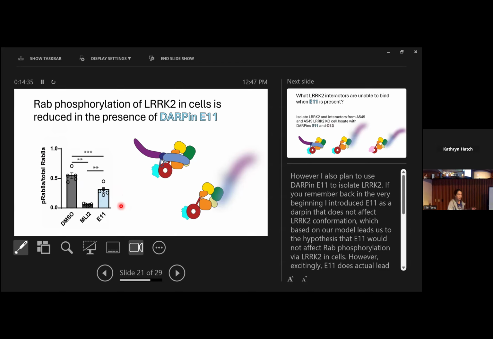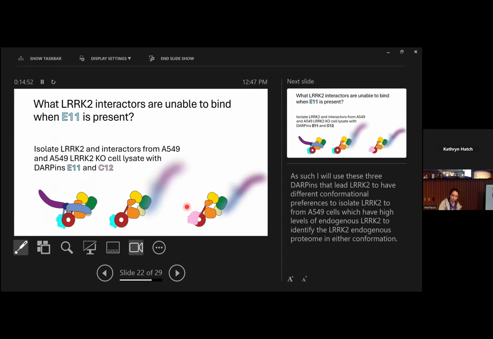So there's potentially some protein that comes in and activates LRRK2 under normal conditions, but when E11 is there, it is no longer able to bind, and so you have this decrease in the accessible kinase.